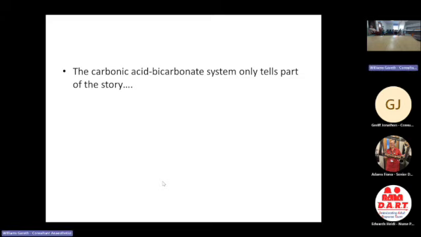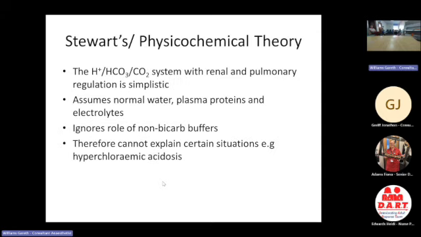We've kept talking about this carbonic acid bicarbonate system, but it doesn't tell the whole story, and there are certain things it can't manage well, and hyperchloremic acidosis is one that we see quite a lot of. Again, I don't want to stay on this for too long, but the albumin status, your plasma protein levels, all contribute. Chloride contributes. We don't tend to include that in the traditional acid-base analysis.